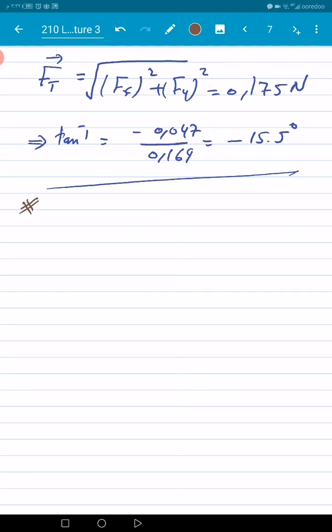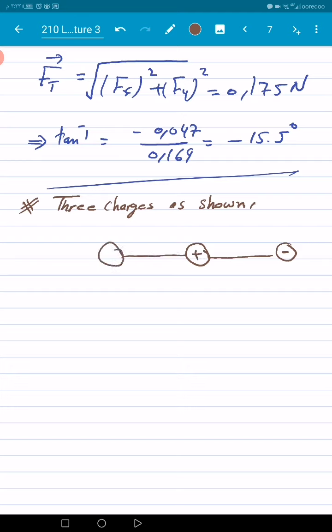So there are 3 charges as shown. The first one is negative, then the other one is positive, then the third one is also positive.